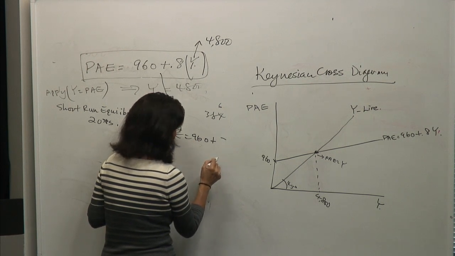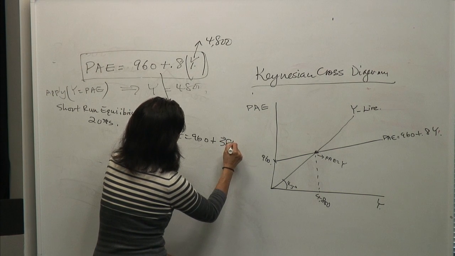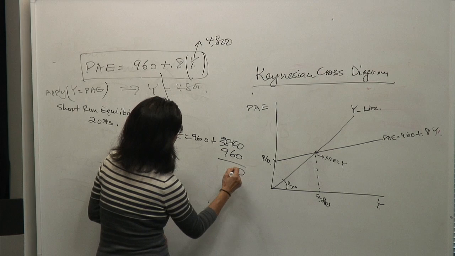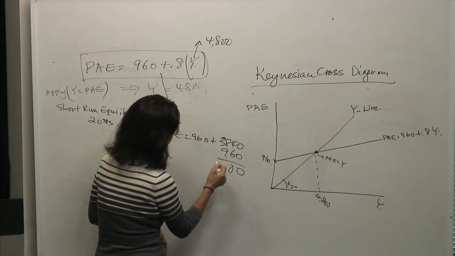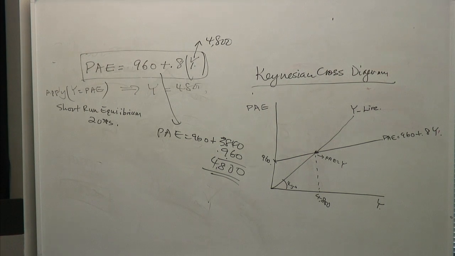Were you just doing that 0.8? 3,840. Yeah. And so if you add it up together, you should get 4,800. Okay? So if you plug in y equals 4,800, you get PAE exactly equal to 4,800. Understand what I mean? You do? Okay, very good.